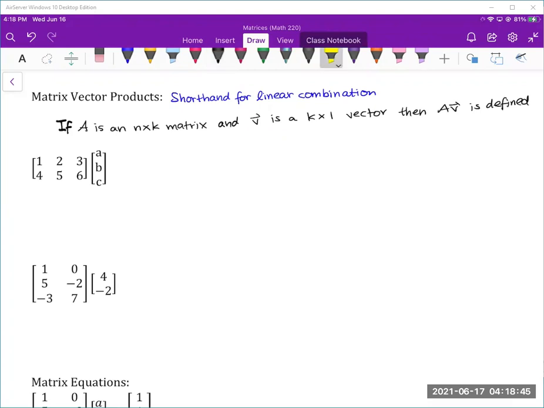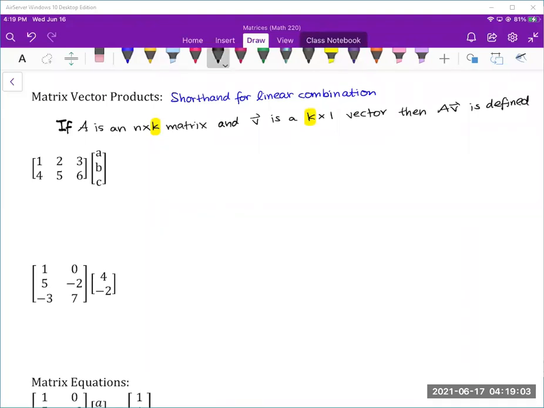Okay, so in order for this matrix vector product to make sense, we need that the number of columns of A is equal to the number of rows of the vector V.